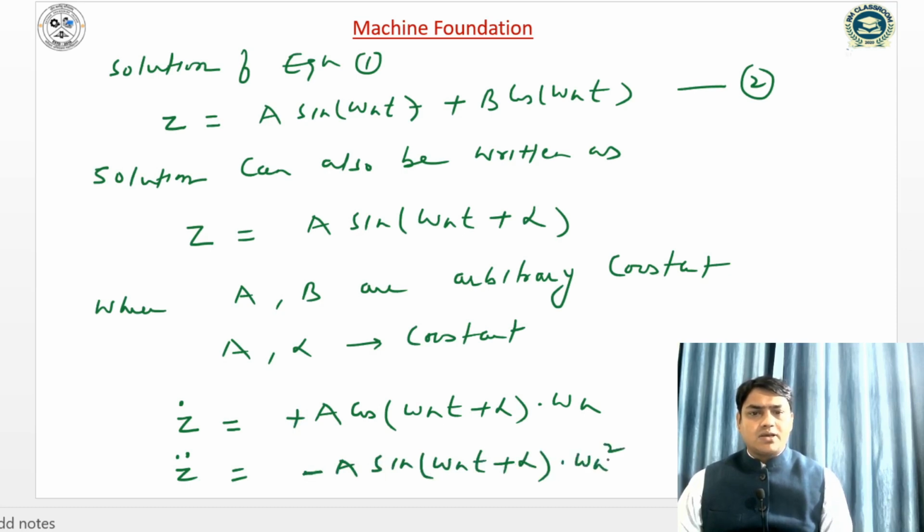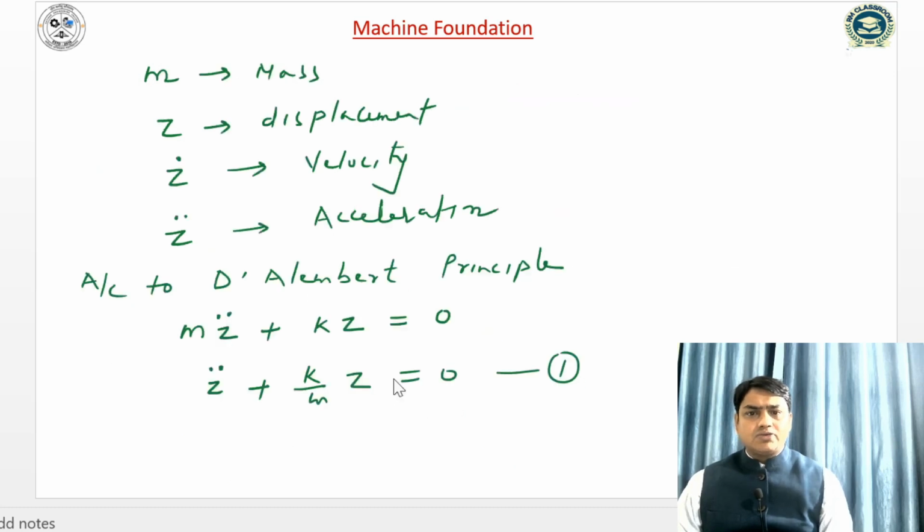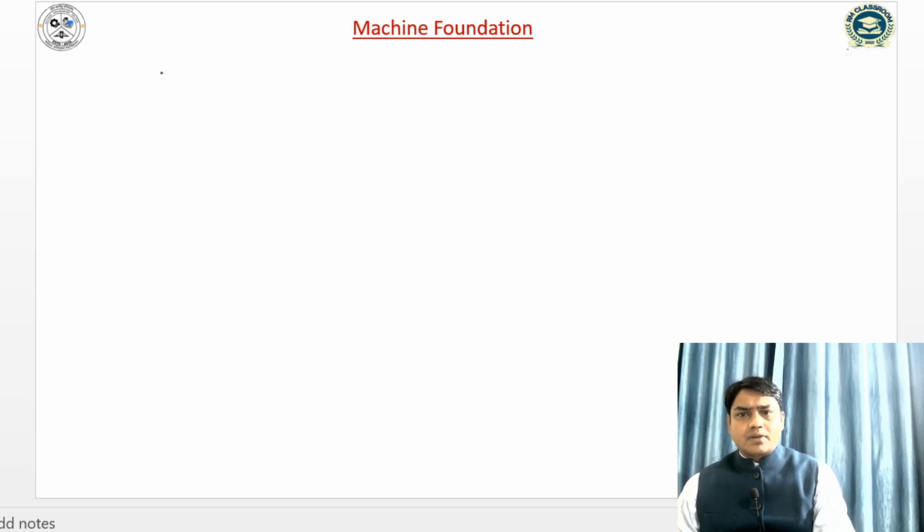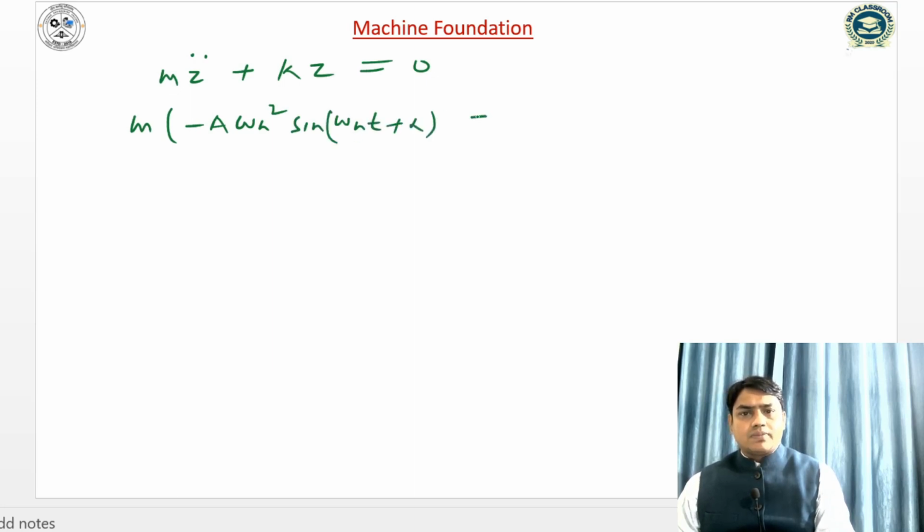So if I put the value of the acceleration and the value of z in the equation m z double dot plus k z is equal to 0, we get m into minus a omega n square sine omega nt plus alpha plus k into a sine omega nt plus alpha is equal to 0.